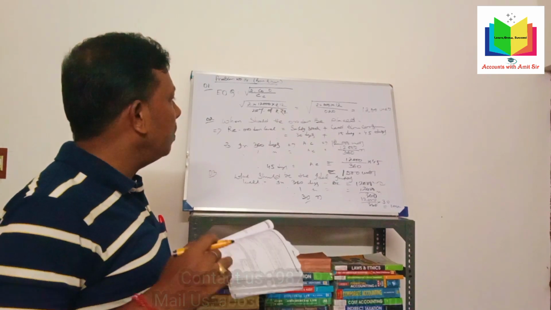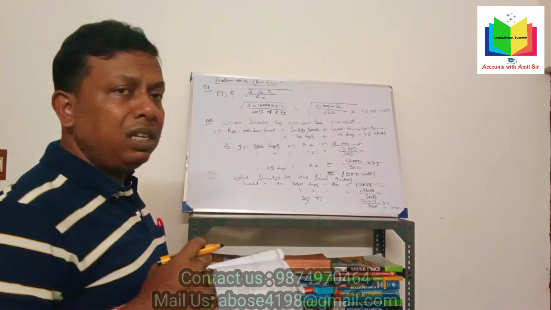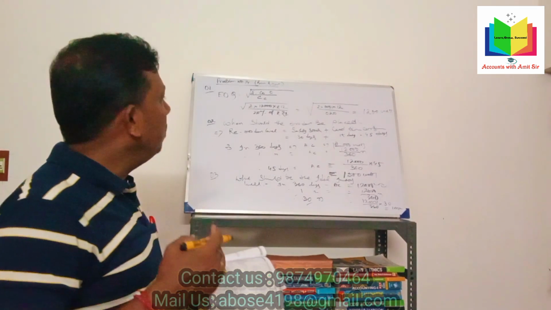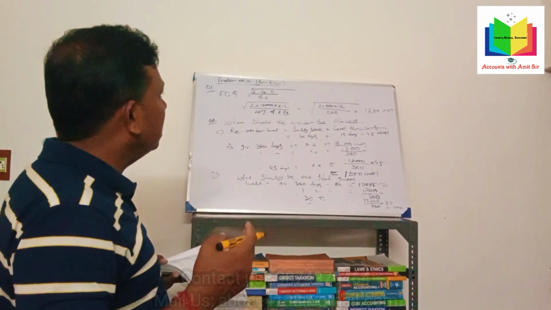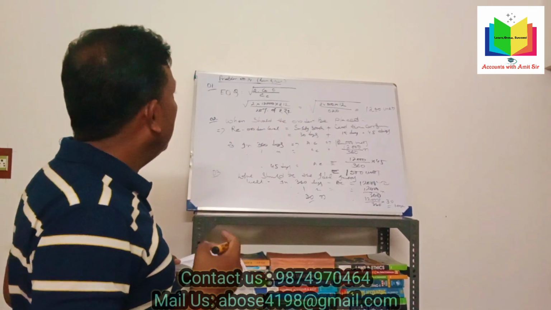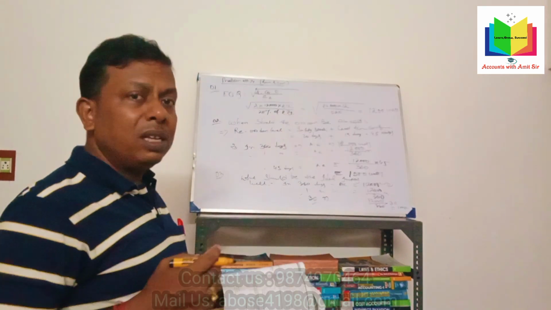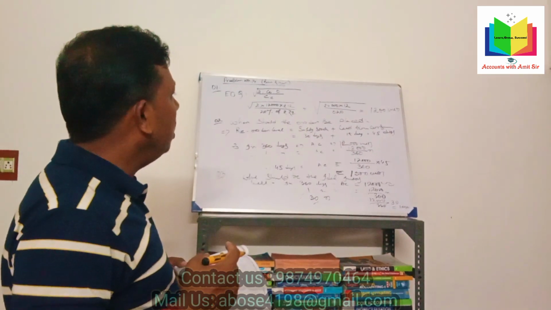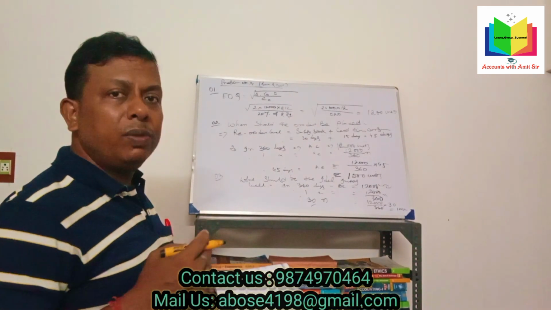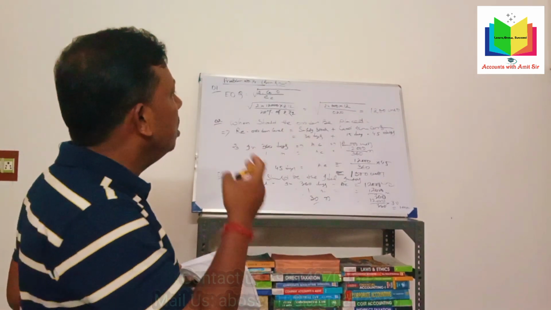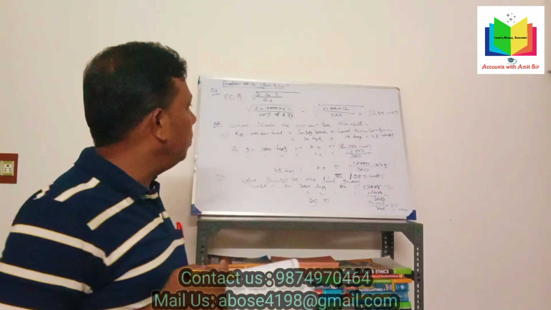So in problem number 14, formula number 1, EOQ, we calculate root over 2 into CO into O divided by CC, and the answer is 1200 units. When should the order be placed? First find out the reorder level, that is safety stock 30 days plus lead time consumption 15 days, that is 45 days.